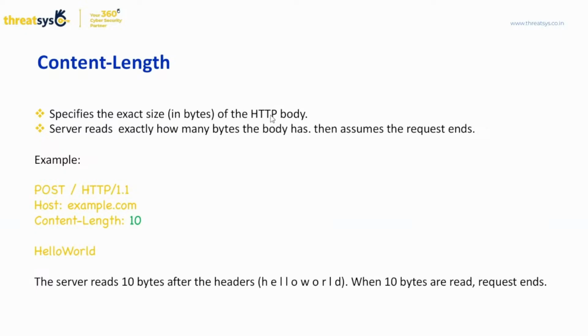The reason we use a POST request in HTTP request smuggling is that a POST request contains the content type and the content length. So every time we smuggle a request, we will use a POST request. You can see that the content length is updated to 10, because hello world contains 10 bytes of data.